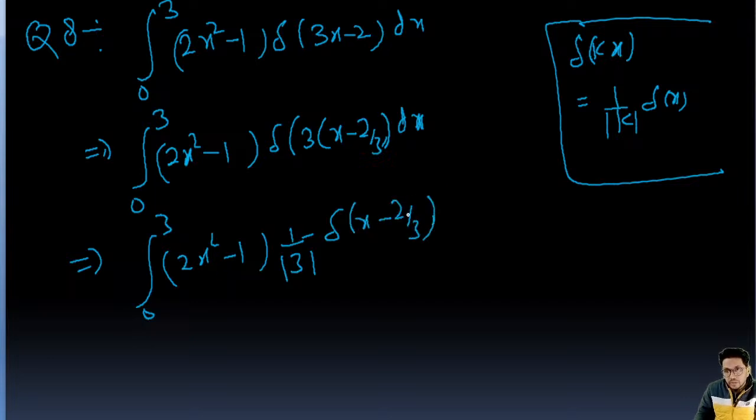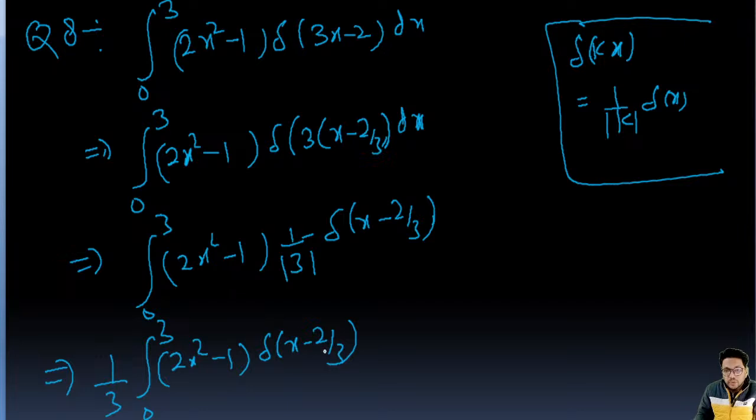So now 1 upon mod 3 is 1 upon 3, and this is going to be integration 0 to 3 of 2x square minus 1, delta x minus 2 by 3.